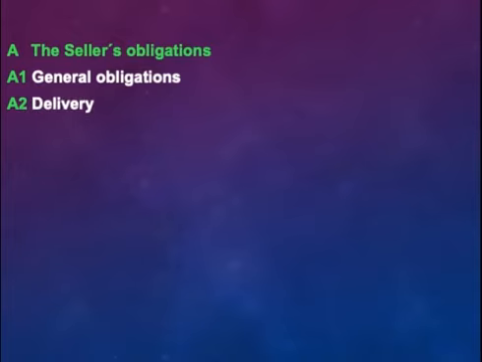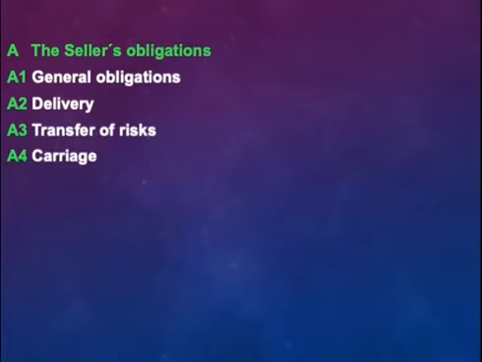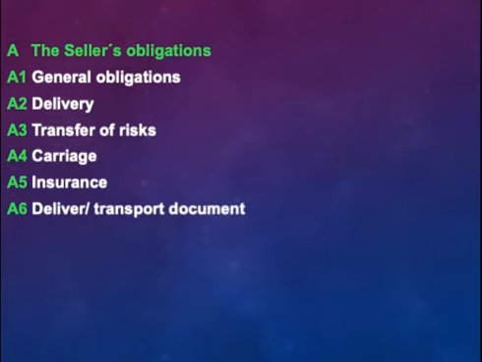A1 is the regulation on the general obligations. A2 is the obligation for delivery by the seller. A3 is for the transfer of risk. A4 for the carriage. A5 for the insurance. A6 for the delivery transport document.